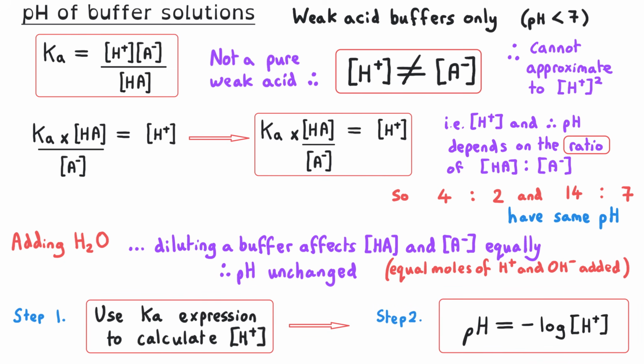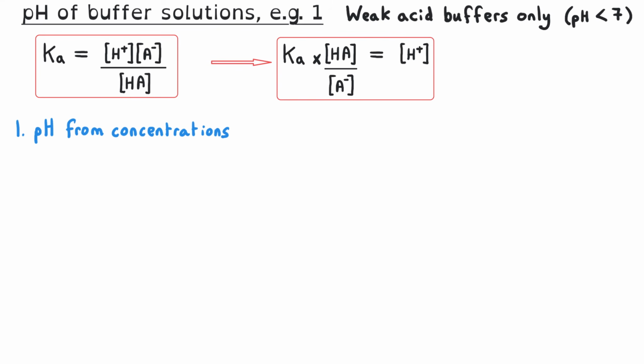And then step 2 will be to calculate the pH by using the equation pH equals negative log of hydrogen ion concentration.